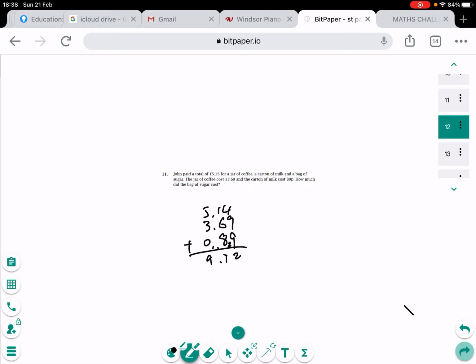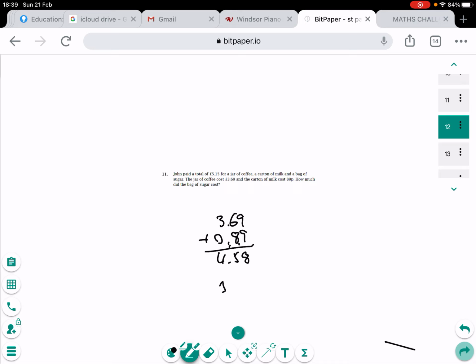Wait. Yes, John paid the total. Oh, that's where I went wrong. Wait, this stuff is wrong. So we should have done 3.69 plus 0.89. So that becomes 4.58.